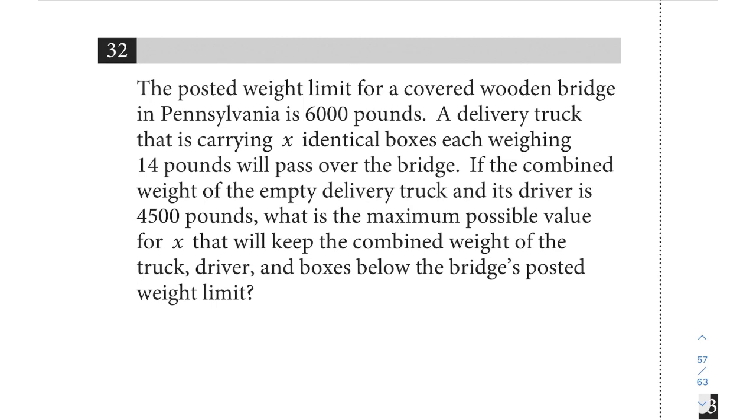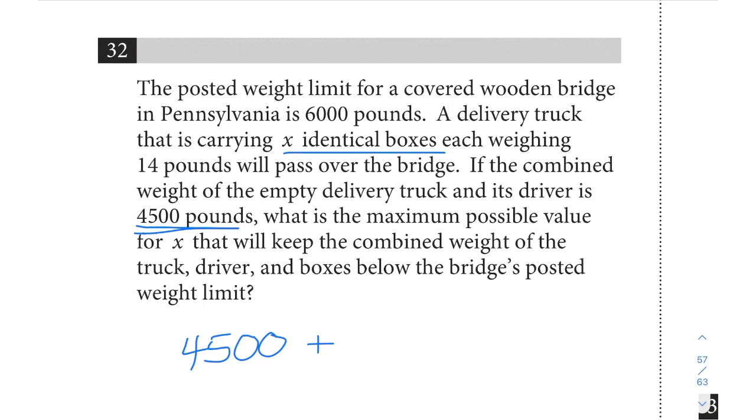So, this is a lengthy word problem, and they're asking us to create an equation, or in this case, an inequality from this information. So let's see what the total weight of the truck is going to be. They give us a constant value here, 4,500 pounds, and that's going to be for the truck and the driver. So that's our constant. It's going to be 4,500, and then plus the boxes.